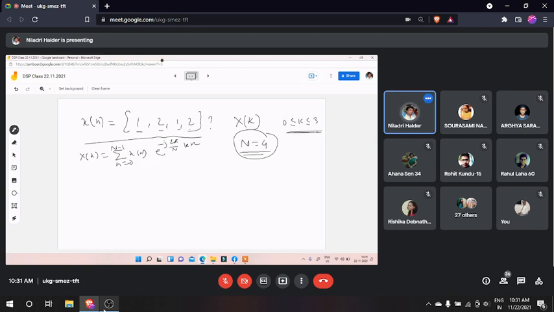So here we will consider k equal to 0 to k equal to 3. So k equal to 0, you will get your X 0. What will be the value? Simply replace it. Here if you replace k equal to 0, it will be e to the power 0, which is 1.